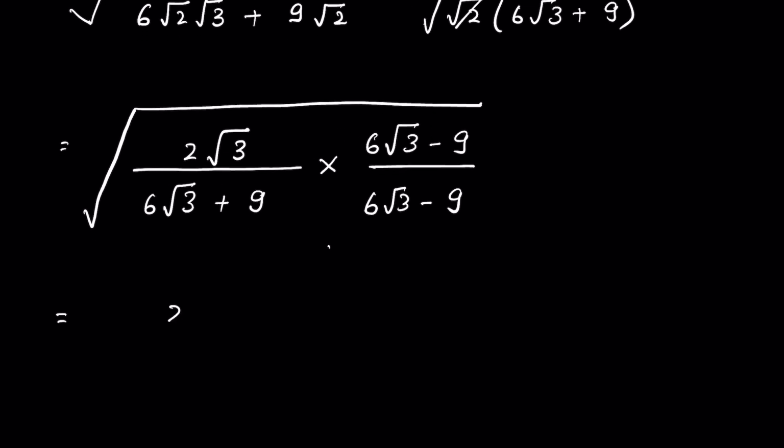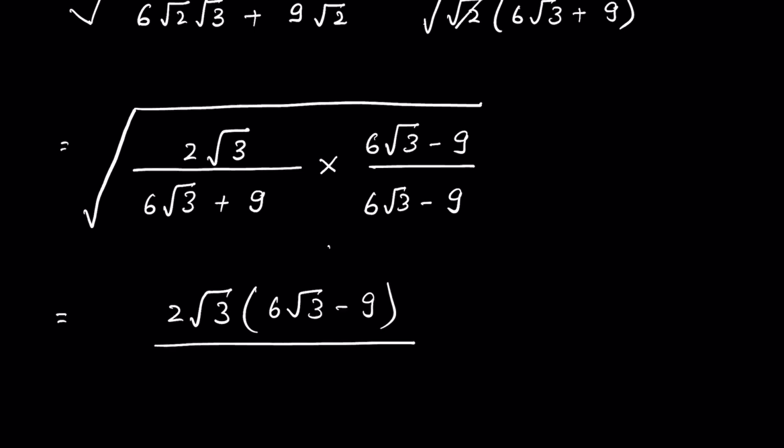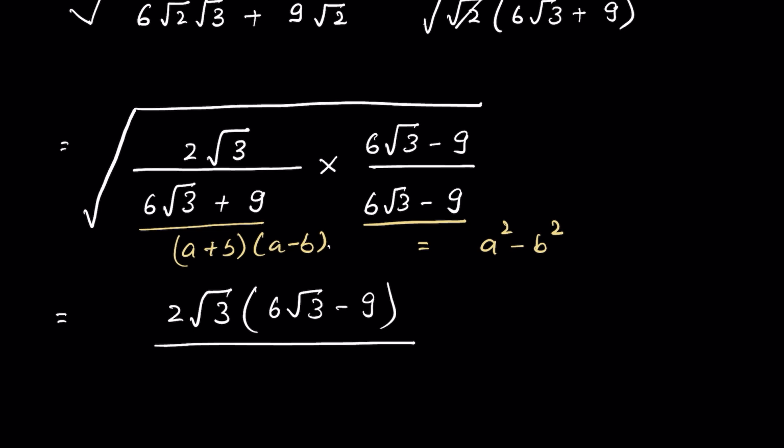So 2 times square root of 3, then times 6 times square root of 3 minus 9, upon, now this is in the form of a plus b times a minus b, and this is equal to the difference of squares. We can write a square minus b square.